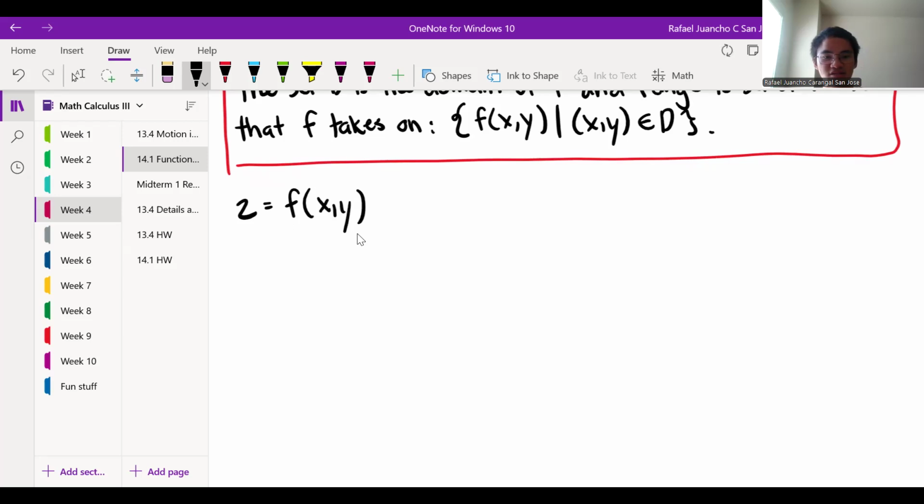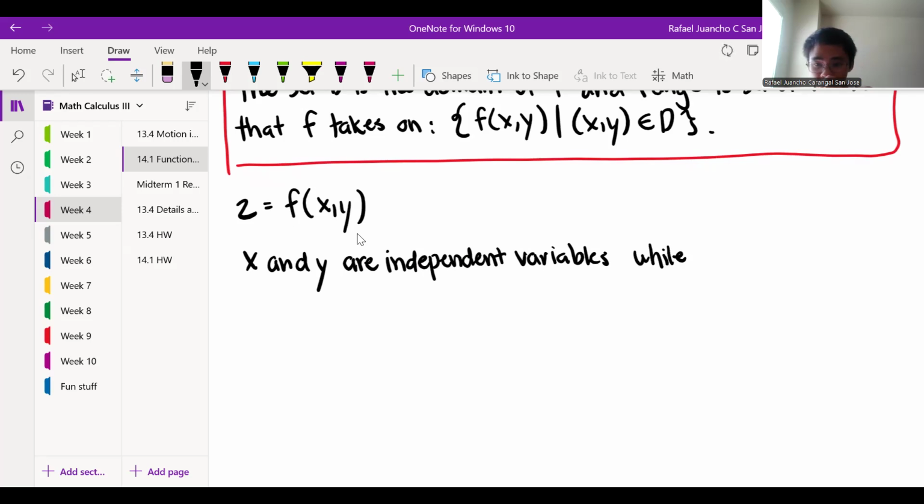Well, x and y are what we call independent variables, while z depends on the value of x and y. So z is the dependent variable.